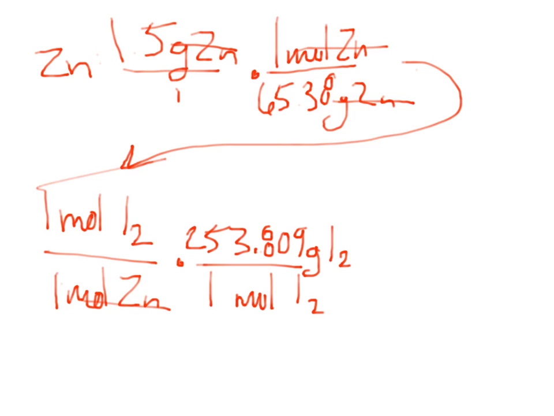So these moles of I2 and these moles of I2 cancel out. So this gives us 5.823 grams of I2 needed.